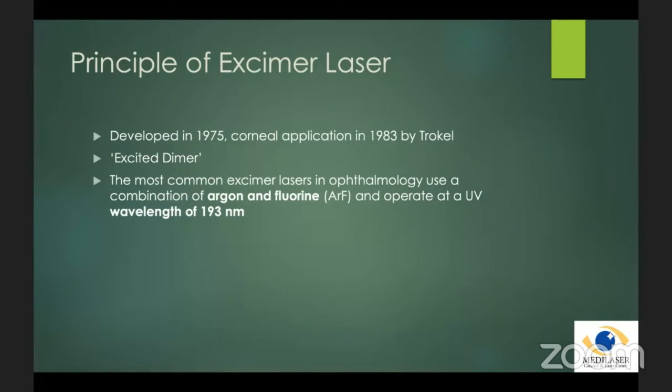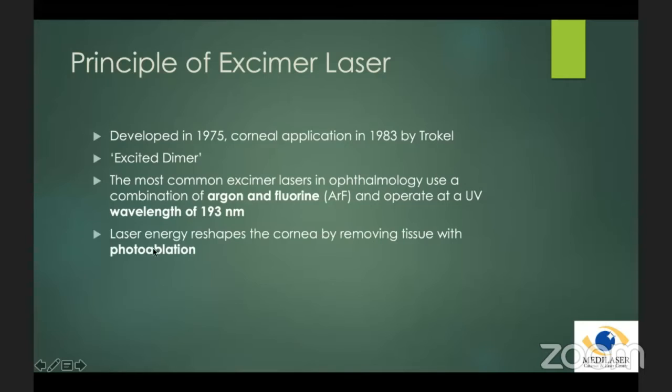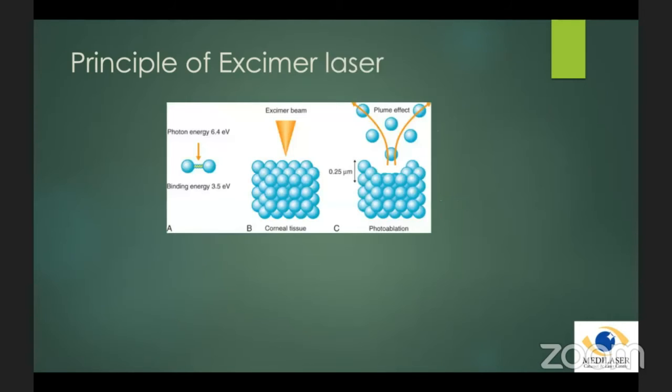However, this wavelength particularly will get absorbed by the cornea, and hence it has the ability, the laser, to reshape the cornea by a process called photoablation. So what is photoablation? In the energized state, this argon fluoride mixture, the electrons jump to a higher orbit, if we remember a little bit of physics, and this is unstable.